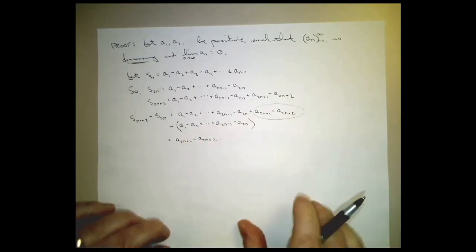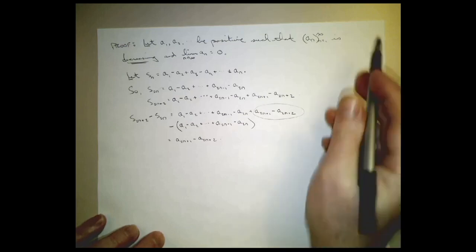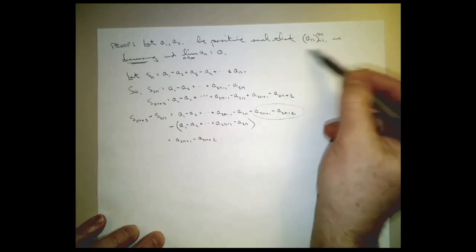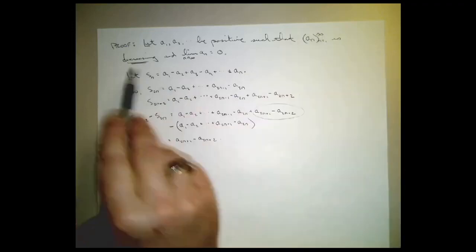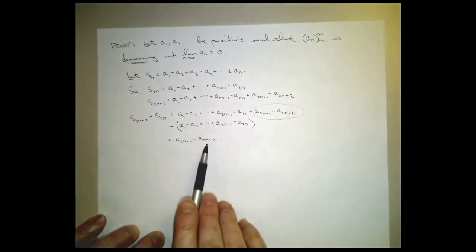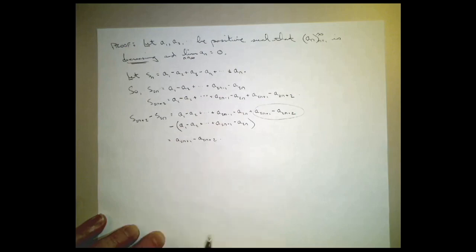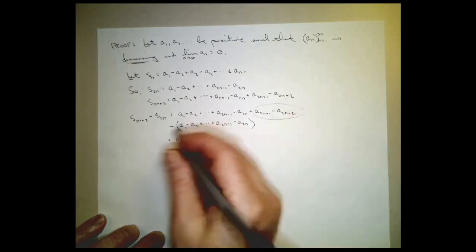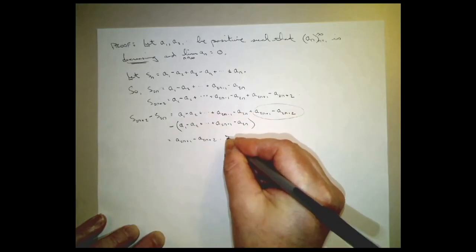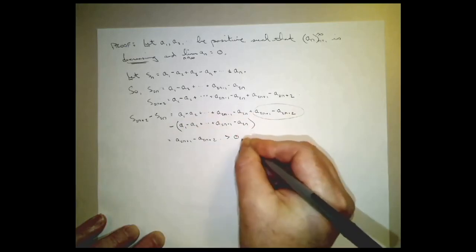But recall that the terms of this series are forming a decreasing sequence. And so a_{2n+2} is a smaller number than a_{2n+1}. So in fact, that is greater than 0, as we predicted.